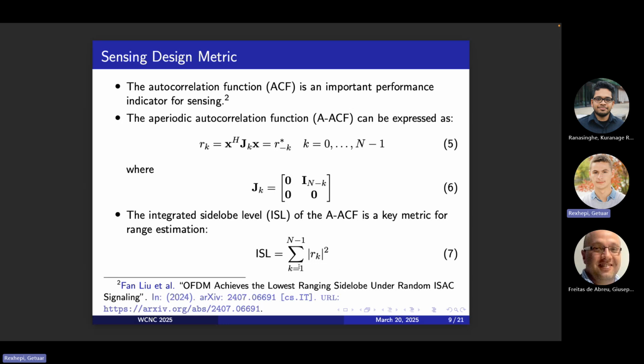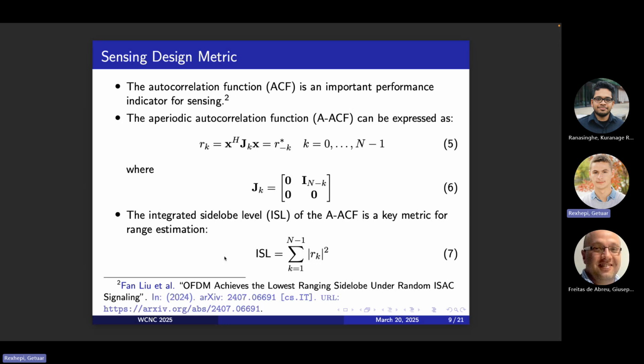Notice here that index 0 is skipped, and this is the whole point of the side lobe level, because for k equals 0, essentially there is no delay, which means that for R0 we have the variance or the power of the signal. So what we want in radar waveforms is to have minimal ISL or zero ISL, which means that we will have an autocorrelation function with one peak at 0 and everything else should be as low as possible.